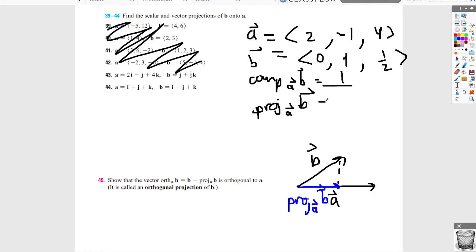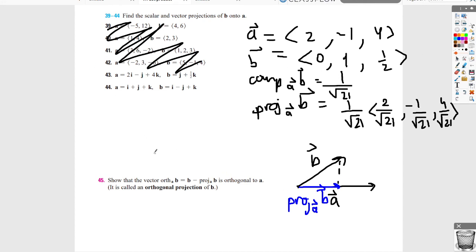So it's 1 over the magnitude of A: 2 squared plus negative 1 squared plus 4 squared is, I think, 21, so root 21. So this is 1 over root 21 times A over the magnitude of A. So I think it's 2 over root 21, negative 1 over root 21, 4 over root 21. There you go.